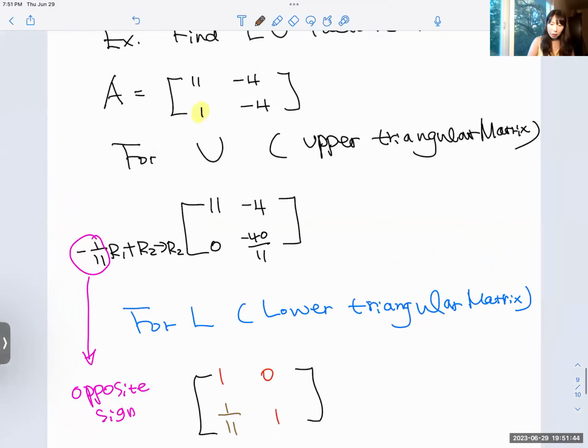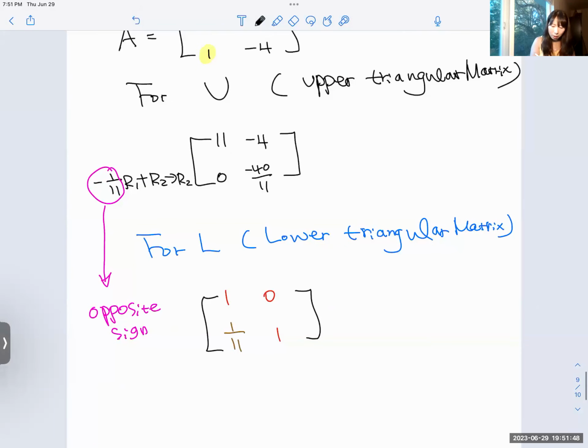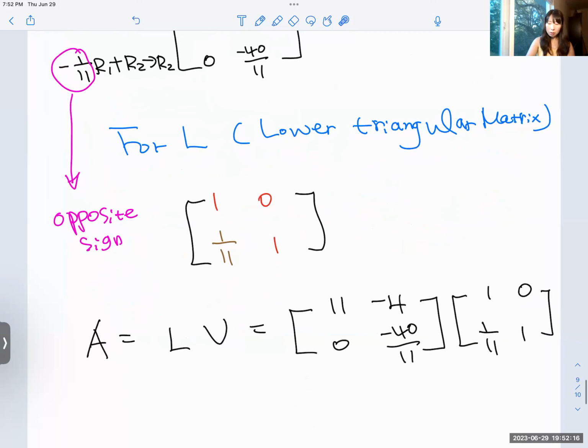A equals LU, which is L times U: 11, -4, 0, -40/11 for U, and 1, 0, 1/11, 1 for L. I don't have to show this one, you can calculate it.